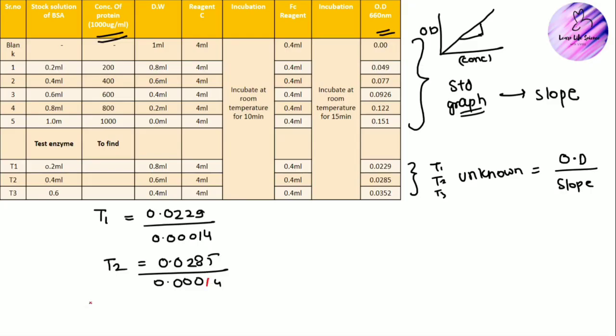Then for T3 you will have 0.0352 divided by 0.00014.